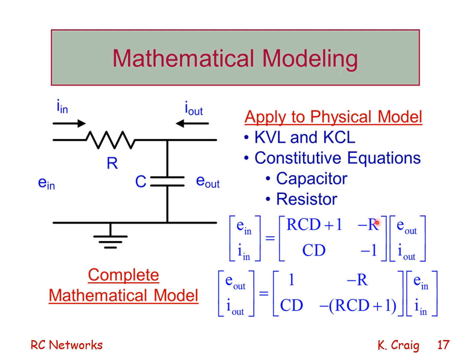Make sure that using Kirchhoff's voltage law and Kirchhoff's current law, along with the constitutive equations for a capacitor and for a resistor, you can verify that these equations are correct. This is the complete mathematical model. Now for us, we are assuming I out is 0.